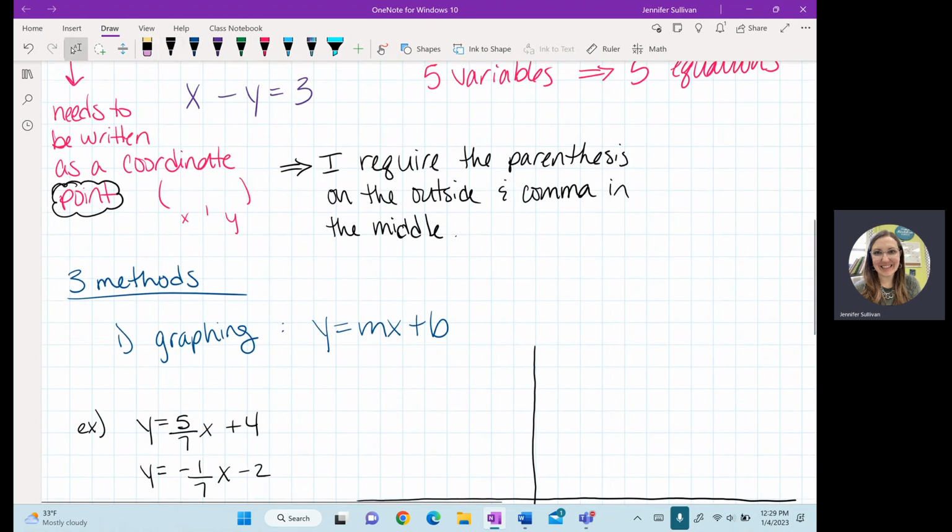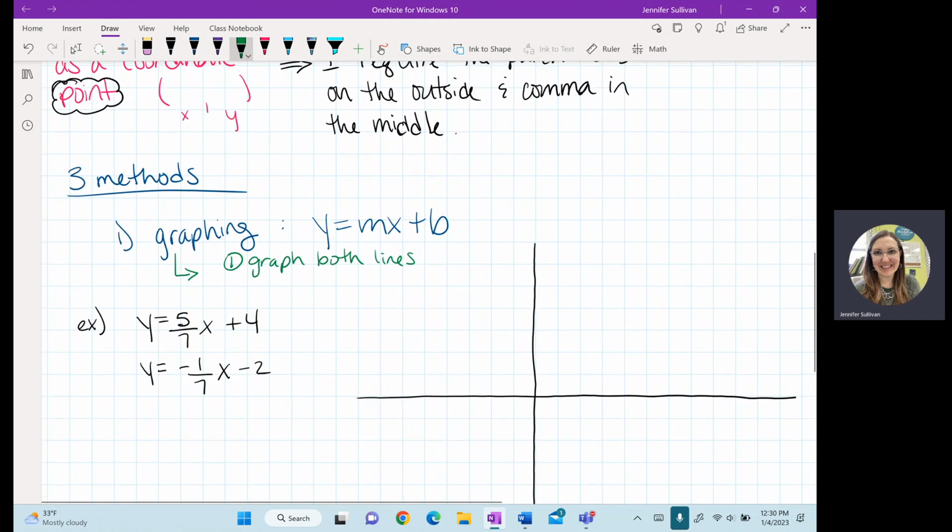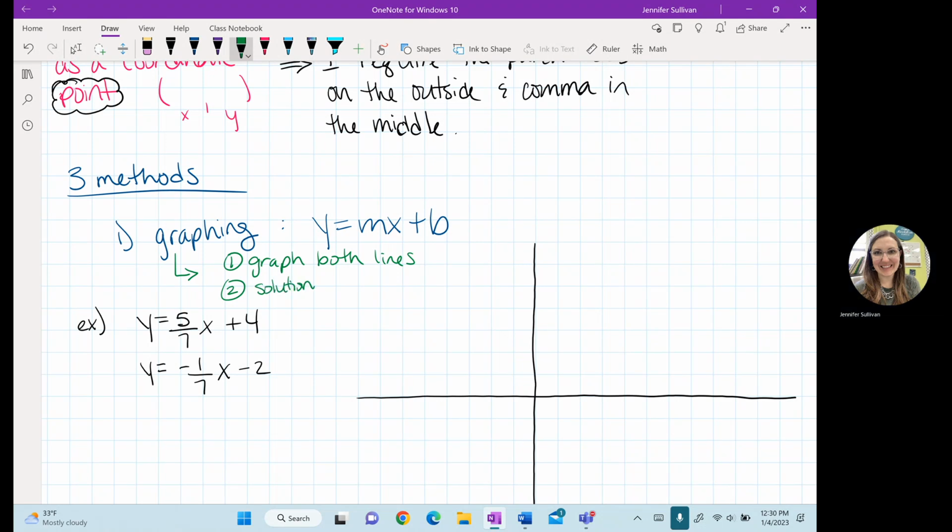So, okay, what does that really mean when it comes to how to do these problems? Well, let me tell you. If we are going to solve by graphing, this is what you do. Number one, graph both lines on the same coordinate plane. And then the solution is the point where the lines cross.